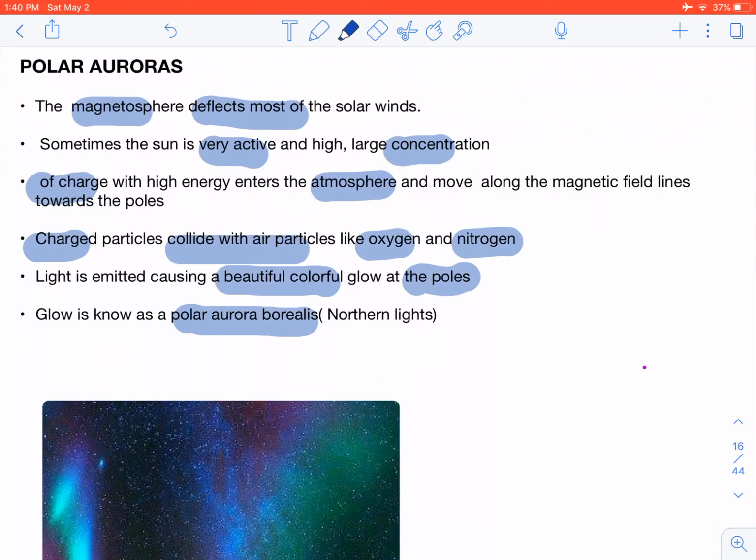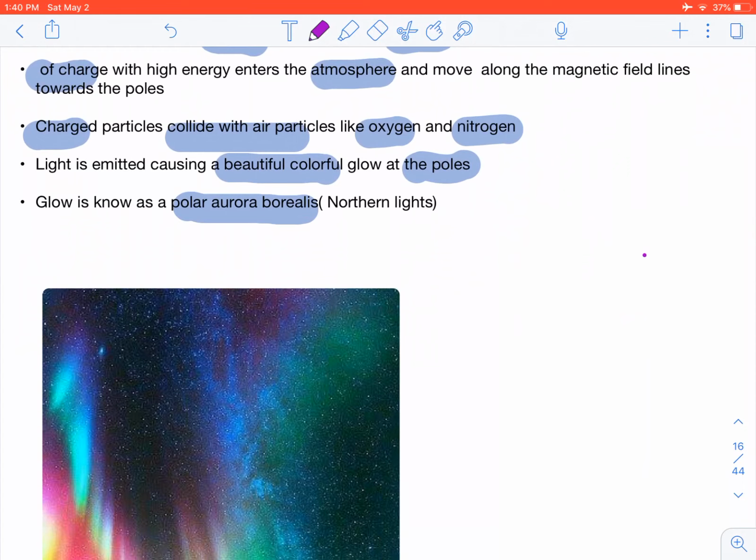Now, just to give you some indication of how this light is emitted, let's say, for instance, that we're talking about nitrogen. What do we know about nitrogen? Nitrogen has atomic number 7 and mass number 14, and if we represent its electronic configuration, it is 1s2, 2s2 and 2p3.